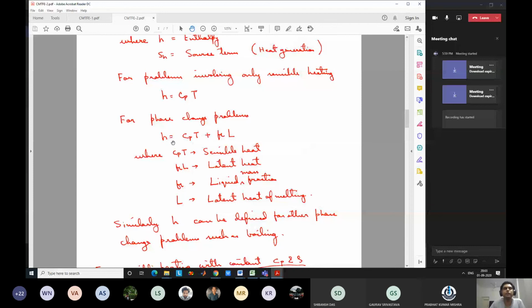And H1 will be Cp (T1 minus 100). So H2 minus H1 will be Cp (T2 minus T1), because both the Cp into 100 terms get cancelled. Ultimately, it will be Cp (T2 minus T1), however way you write. Okay, the difference is always Cp (T2 minus T1).